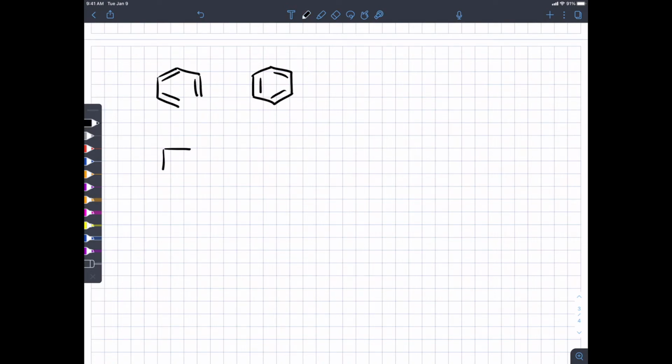Now, what about compounds that have the wrong number of pi electrons? This is cyclobutadiene. It is cyclic. It is fully conjugated. But how many pi electrons does it have? Just 4.